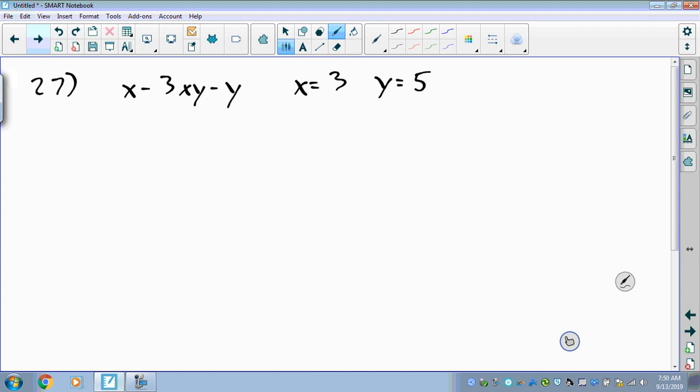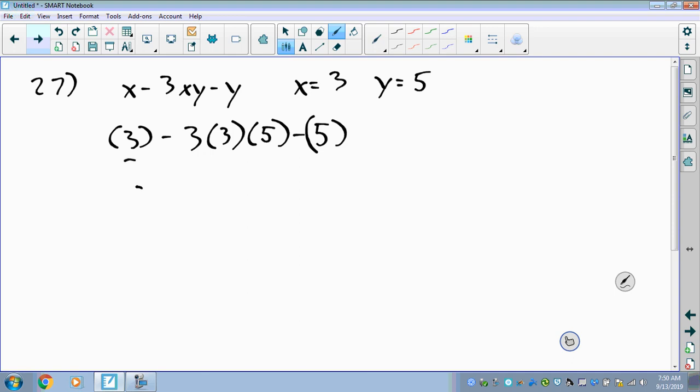All right. Got a bunch of stuff plugged in here. 3, right? Minus 3 times 3 times 5 minus 5. Okay? All right. So nothing to simplify here. Take the 3. Here, now I have 3 times 3. 3 times 3 is 9 times 5 minus, well, again, nothing to simplify here, right?